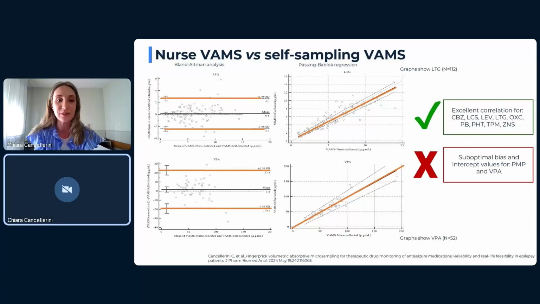But we also need to better understand why the other drugs don't fit. Additionally, the drug stability test showed that we found a compromise for all the drugs, which was a 7-day window before the analysis at the lab.